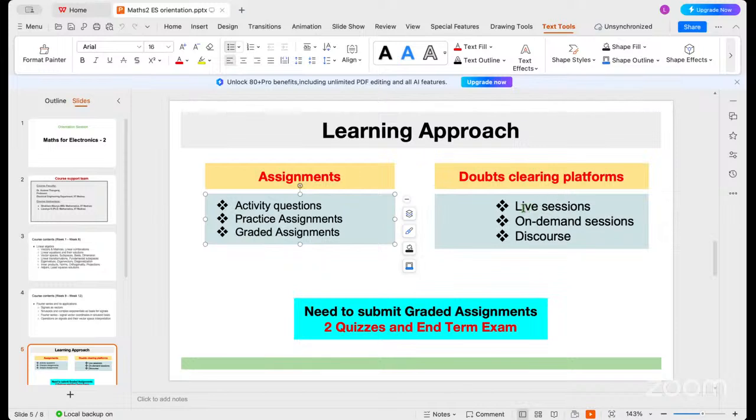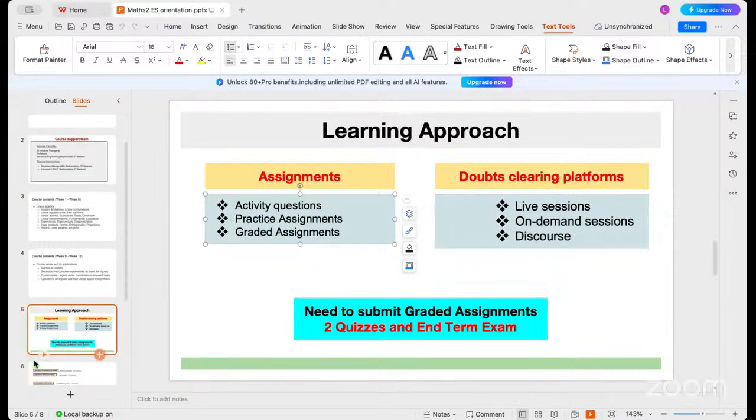If you want more discussions, you can let us know. Discourse is a general forum where you can ask your doubts related to the course. And you have two quizzes and one end term for this course as usual.